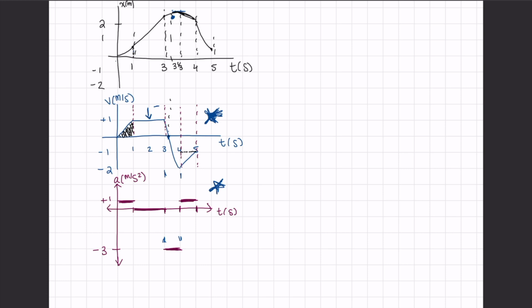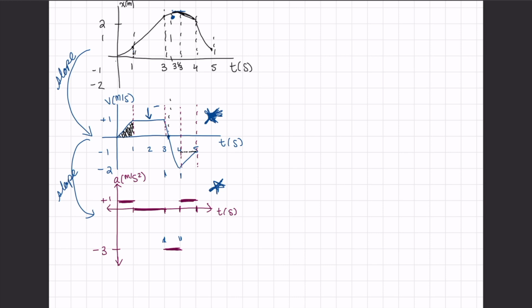And I guess the very, very last thing that we can kind of say is that, so I talked about going this way is slope, and going from X to V, from V to A is also taking the slope.